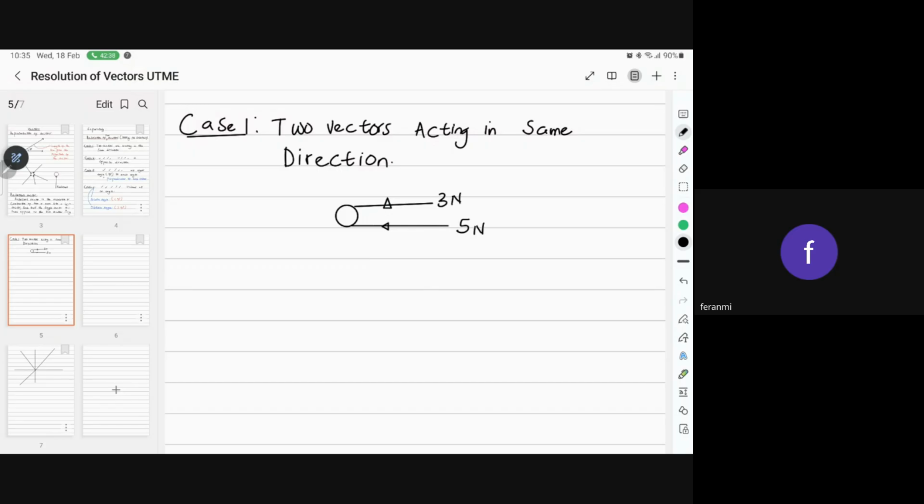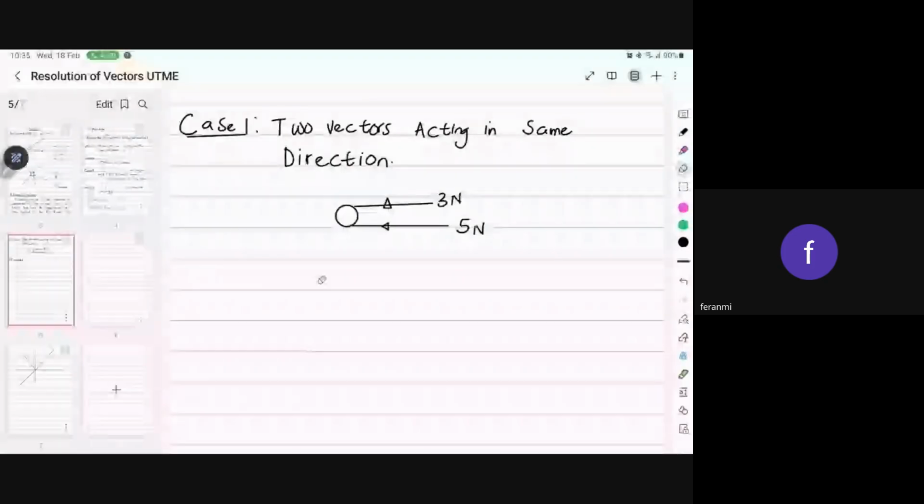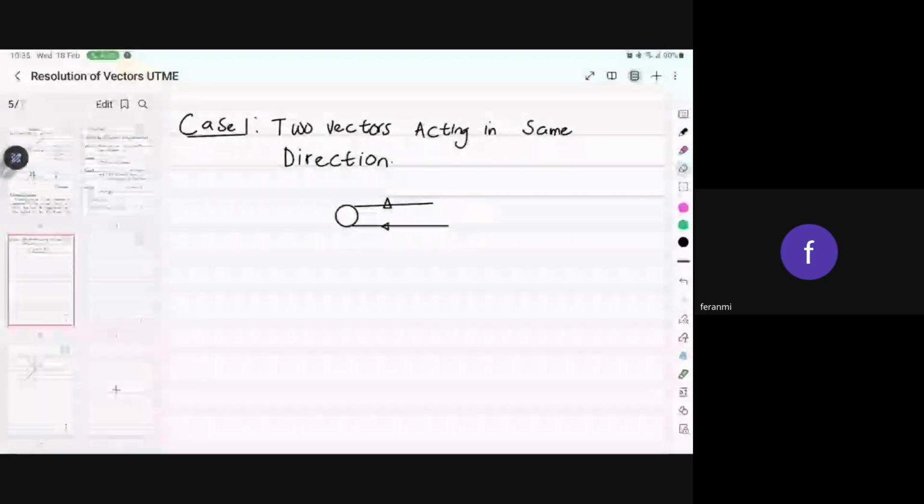So when two vectors are acting in the same direction, we add them together, right? So the resultant vector R, or let's make it this way so that it will be easier for us to generalize and have a specific formula for that. Let's say we have vector A and vector B. Let's use this arrow to show that these are vectors.